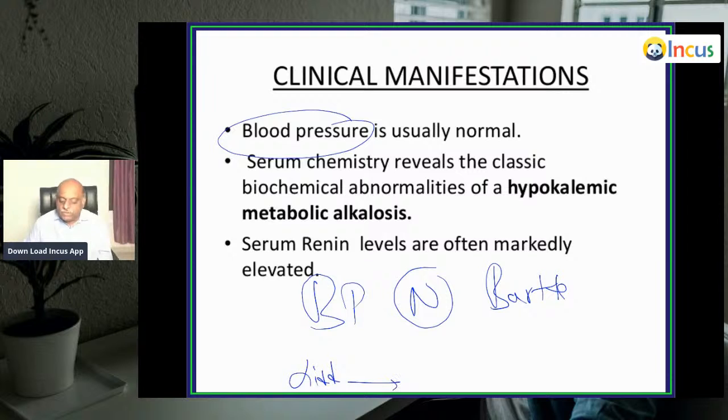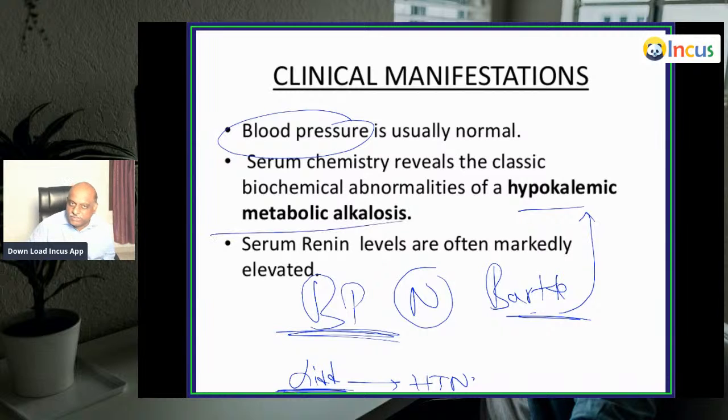Liddle has hypertension, but Bartter has normotension. But Bartter has hypokalemic metabolic alkalosis, and serum renin levels are often markedly elevated.